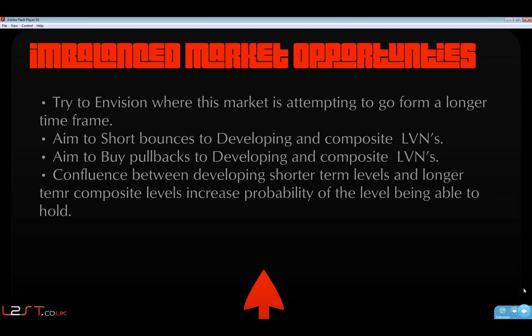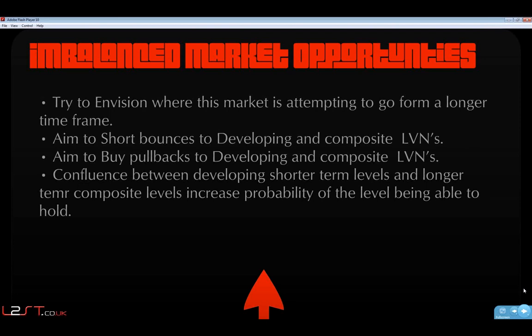And the key thing when you're going with the market, or what we would call going with the trend, is to short bounces to developing and composite LVNs, or low volume nodes, or low volume areas on a profile, or aim to buy pullbacks to the developing or composite LVNs on an upwards trending market.